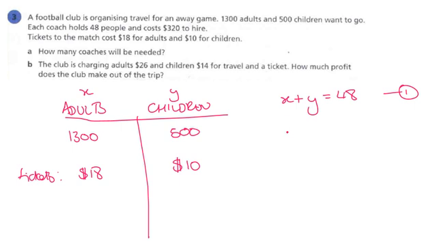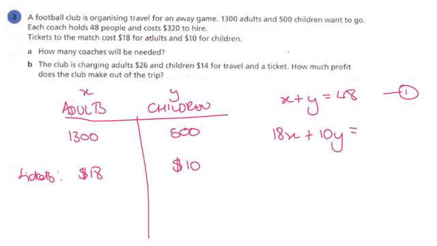If X was 20 adults, then 20 adults times 18 would give you $360. That's just a hypothetical number. You take the number of adults and multiply it by 18, and that's the total cost of the tickets for the adults. For the children, you'll do the same, but it's going to be 10Y.